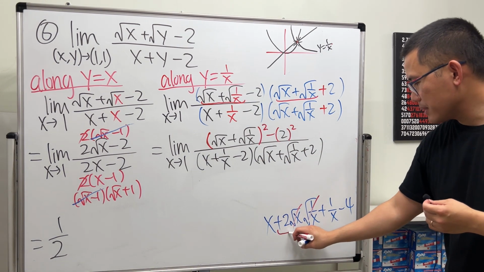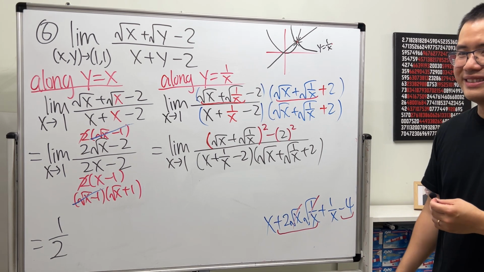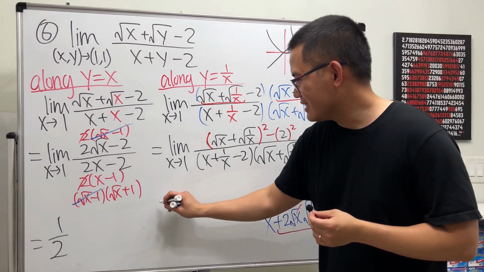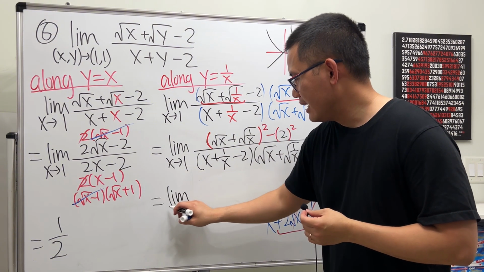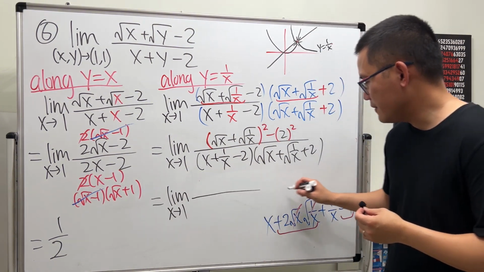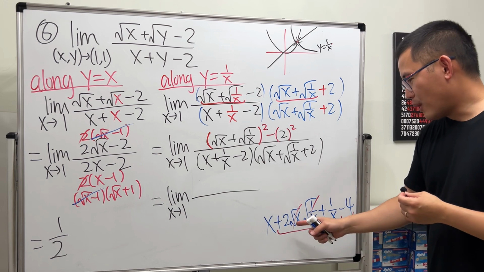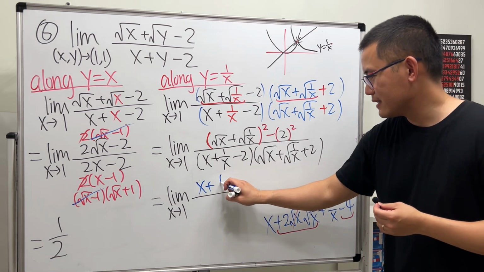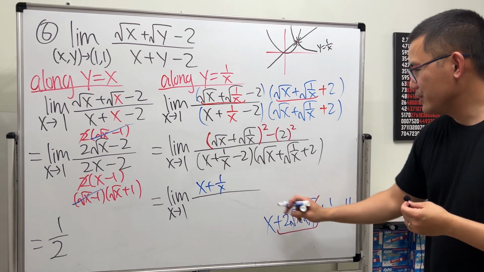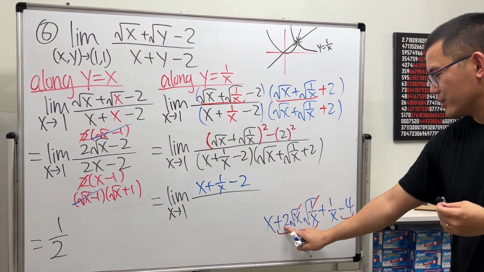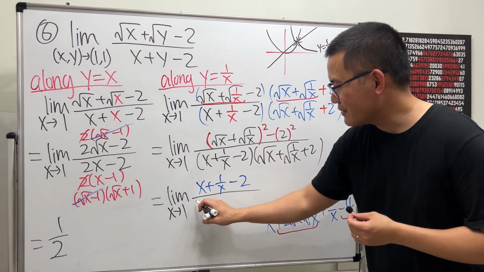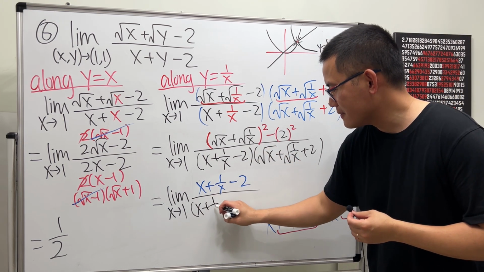But notice this is plus 2, minus 2. Well, plus 2 minus 4, we get minus 2. So this becomes the limit as x approaching 1 of, the blue part, x plus 1 over x minus 2. Plus 2 minus 4, that's how we get the minus 2. And we happen to have the same thing on the bottom right here.